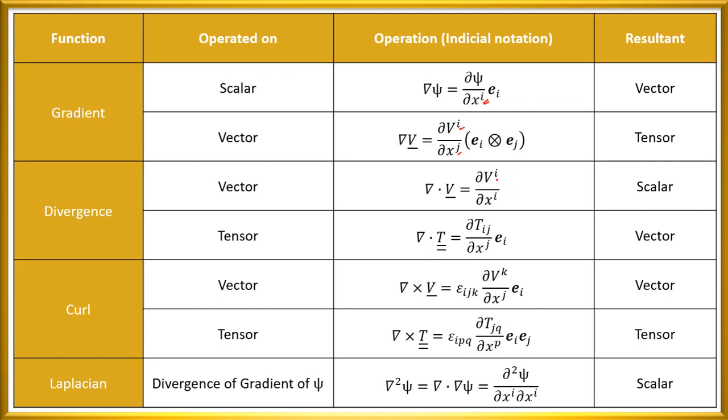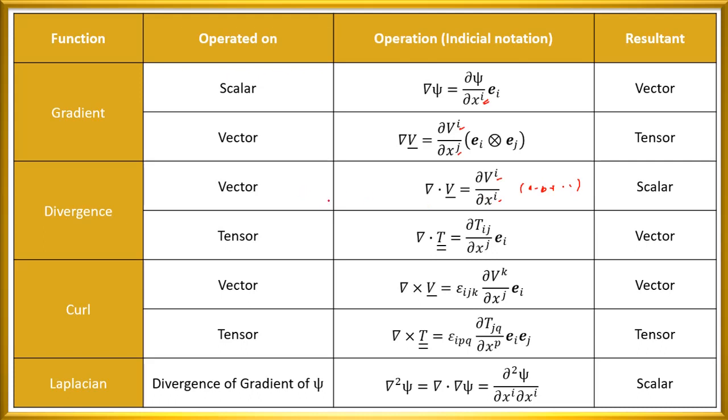Here we have two i's, and therefore these two i's act as dummy indices and we have no free index. Since we have no free index, this will produce a linear combination of terms a plus b plus etc., and the answer will be a scalar. We have two dummy indices over here.